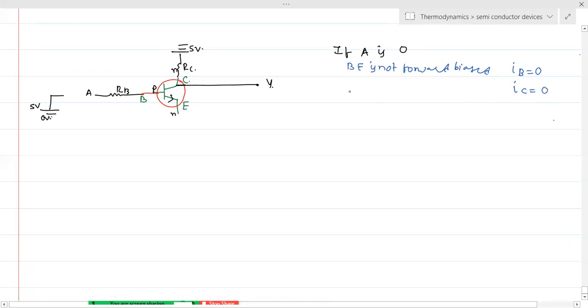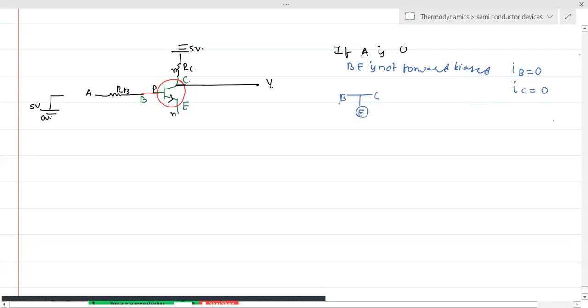Clearly it is a common emitter configuration. Emitter is common. Base is treated as input and collector is treated as output. When the base emitter junction is not forward bias, it will never conduct current, IB equal to 0. When the input is 0, definitely IC is equivalent to 0.